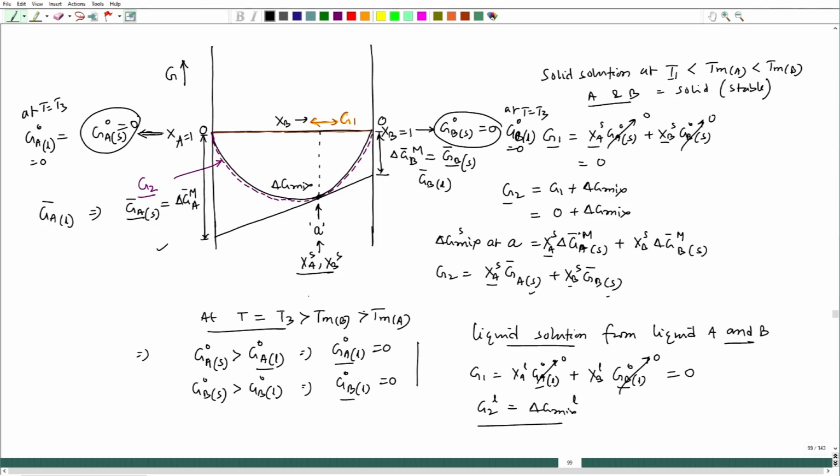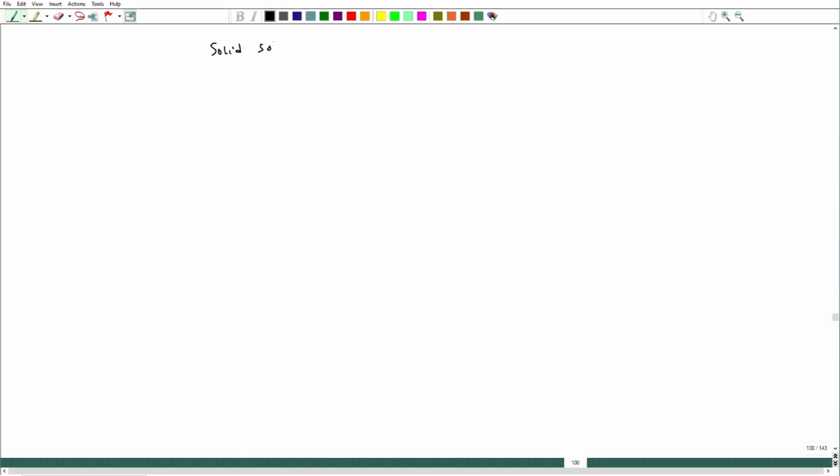Let us take a situation where we are making a solid solution, from solid A and B, and G A naught solid and G B naught solid are not equal to 0.